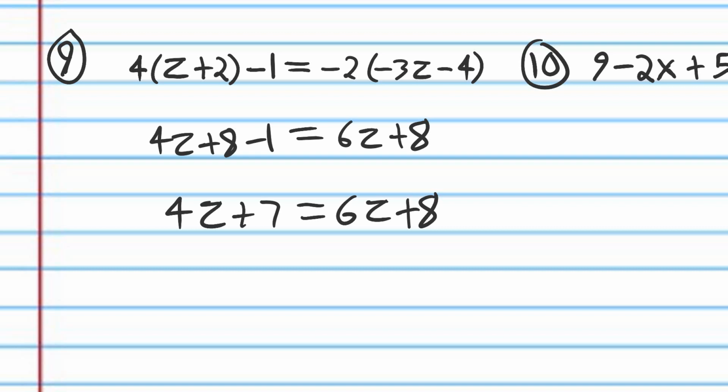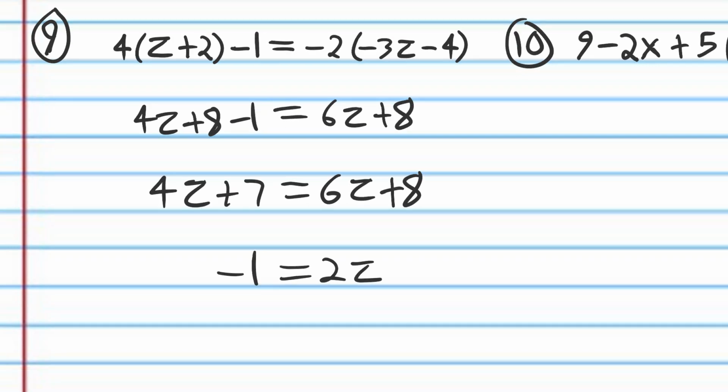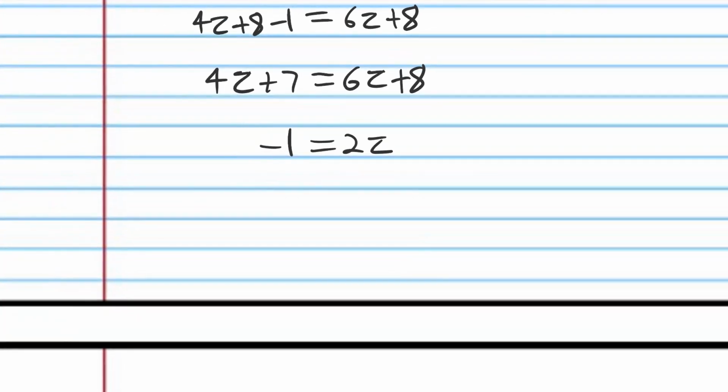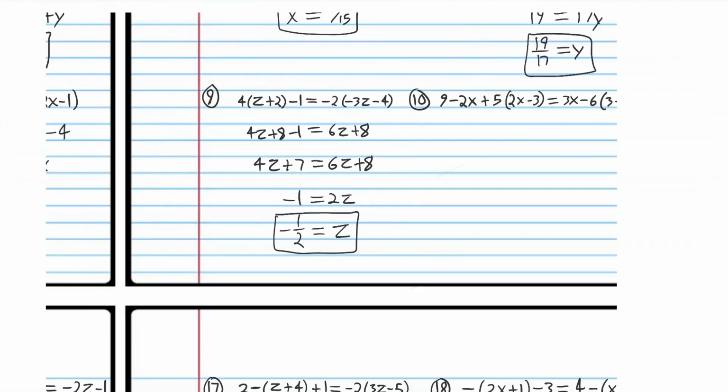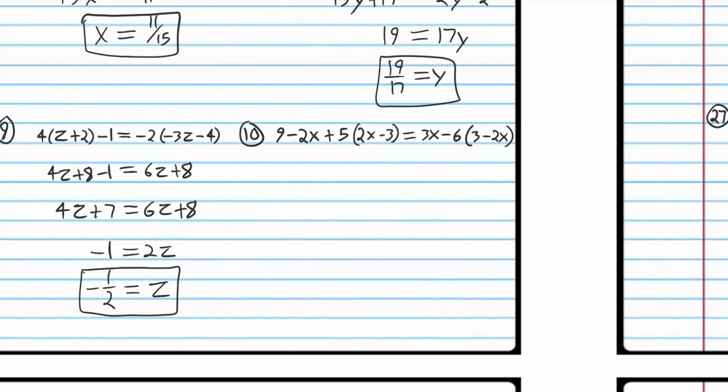So subtract 4z from both sides, and subtract 8 from both sides, and you get negative 1. And divide both sides by 2, and z is equal to negative 1/2. So if you got negative 1/2, good job.